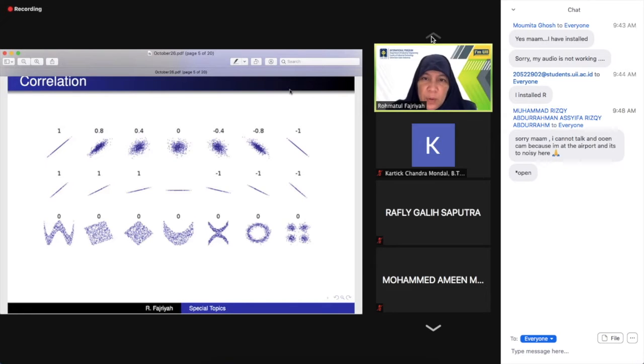So if it is a copula, there is a relationship between two variables or more than two, but maybe the relationship is not linear at all. Okay, so we can see, for example, the second from the last, it is a circle, something like this, or maybe this is an ellipse. Okay, this means there is a correlation or relationship, but it is not linear.